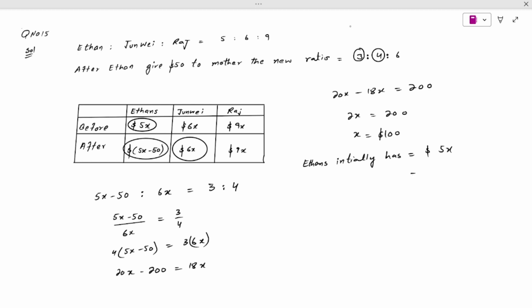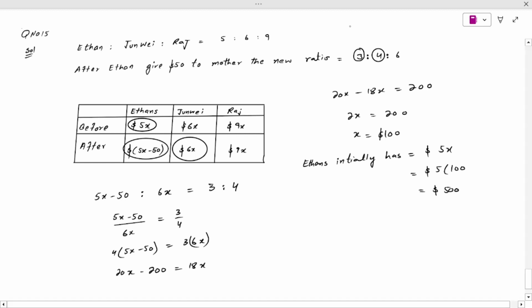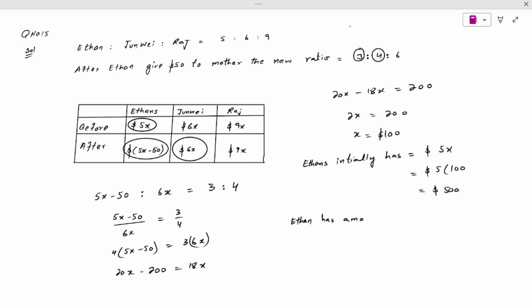5x dollars. We put the value of x, that is 100. 5 times 100 is equal to $500. This is the amount Ethan has, and now we calculate the amount Ethan has after giving $50 to mother.